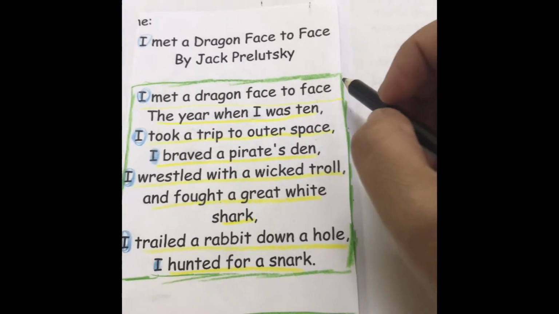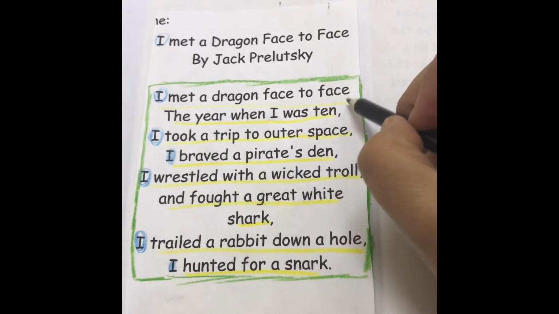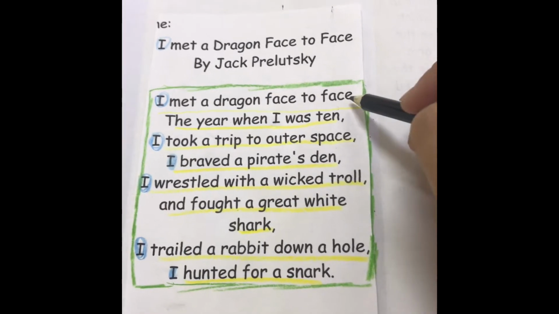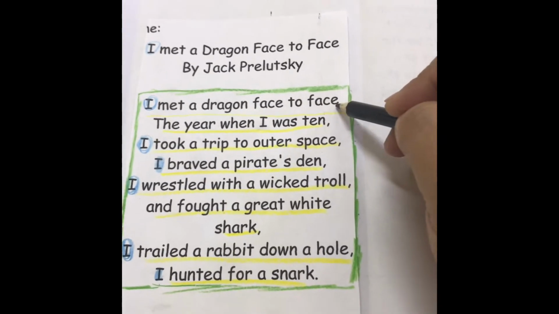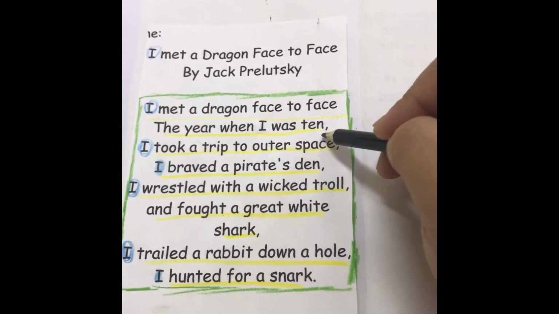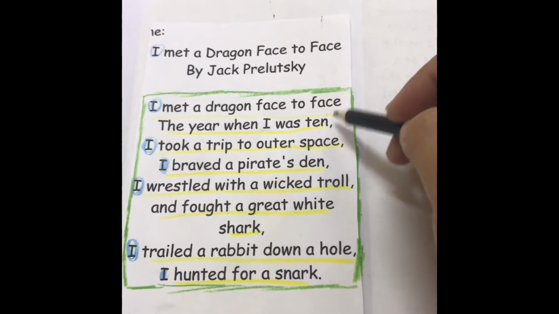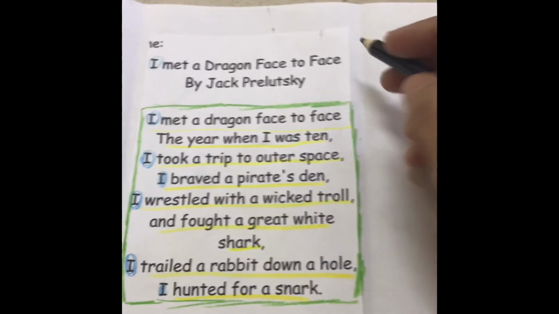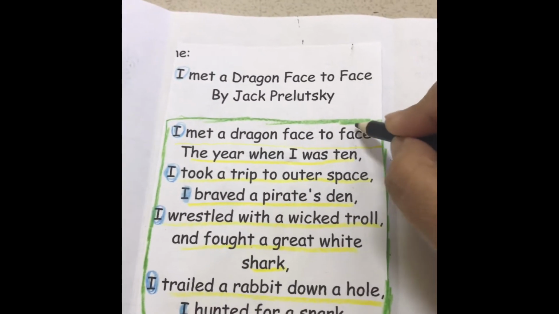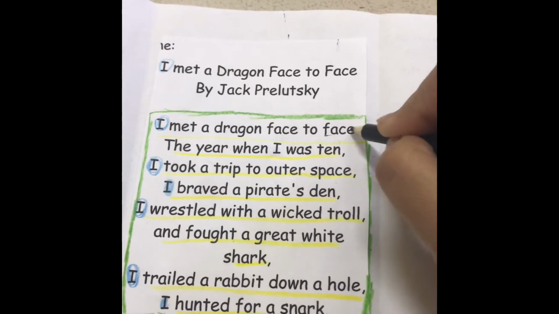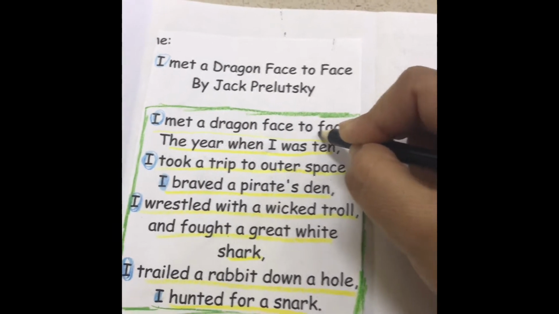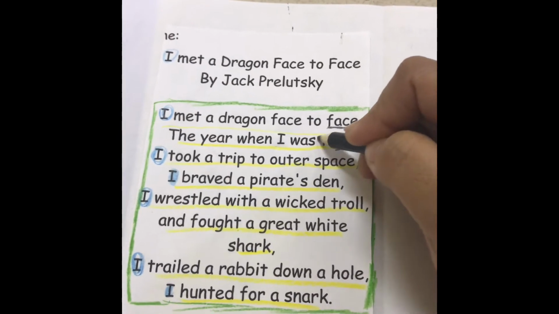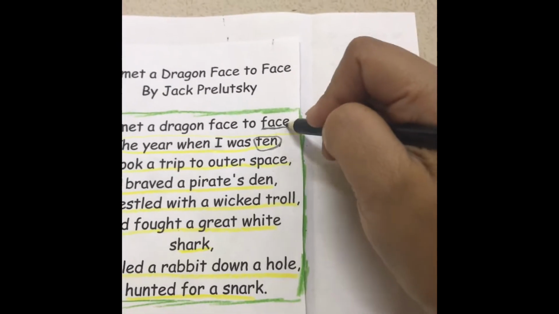So let's look at the end of this line, and I know that my line is that yellow line. So we have the word face and the word 10. Okay, face and 10. That doesn't rhyme, right? So I'm gonna underline this word, and 10 I'm going to circle. So we know that it's different, okay?